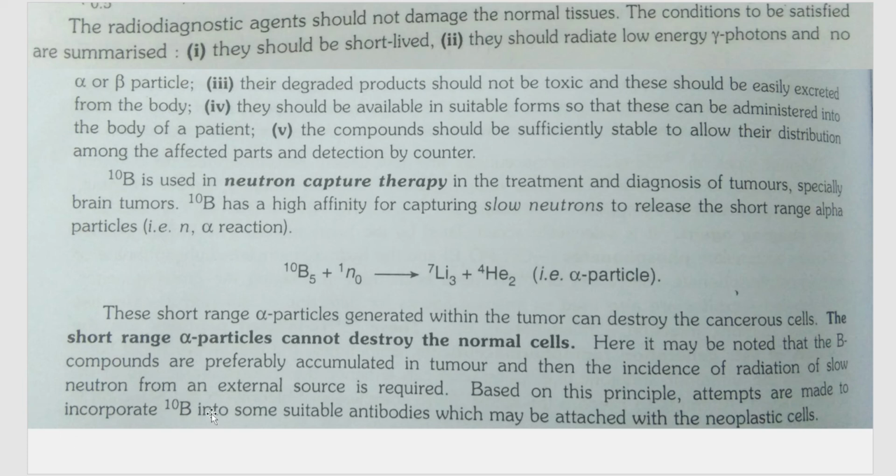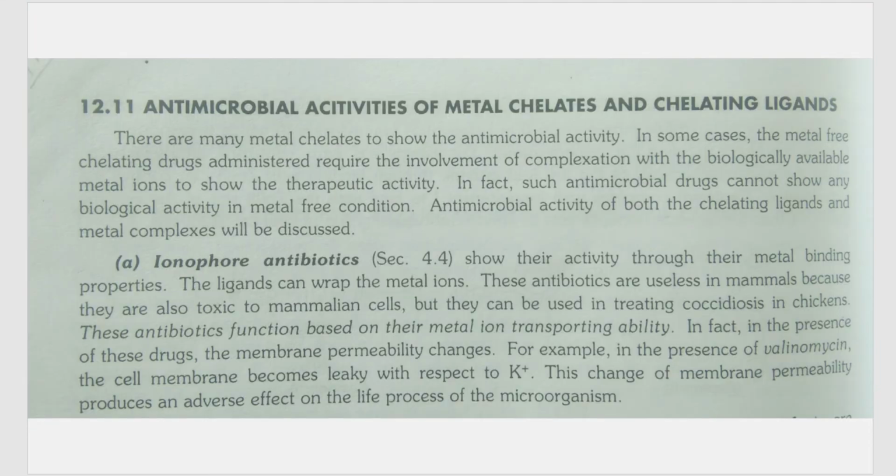These alpha radiations, when they fall on the tumor-affected cells, treat them. Based on this principle, attempts are made to incorporate this boron-containing isotope in suitable antibiotics, which are then sent into the body to get attached to the neoplastic cells. This is how boron is used in treatment as a radioisotope.